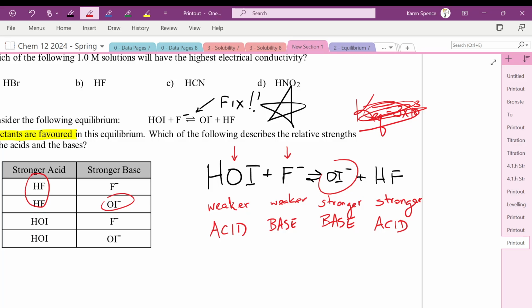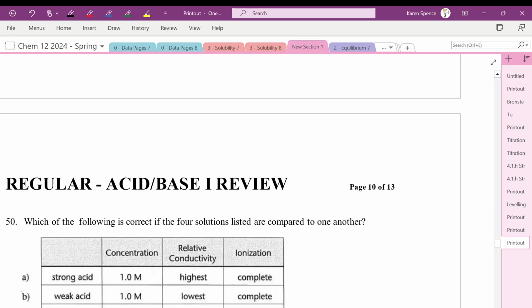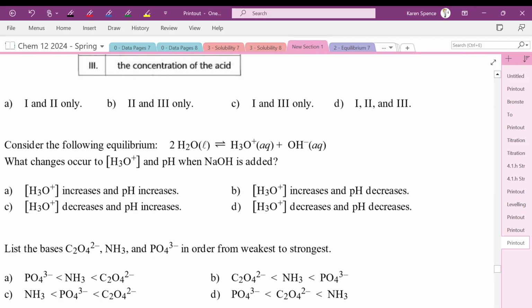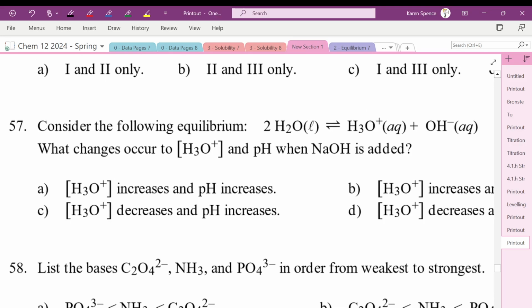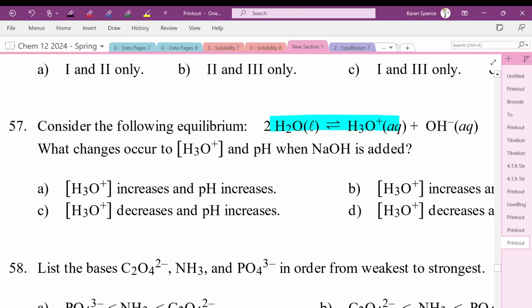Yes? 57, yes. Okay, 57. We have this blue equilibrium here. Okay.